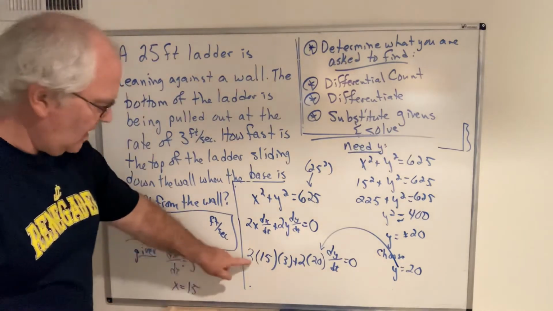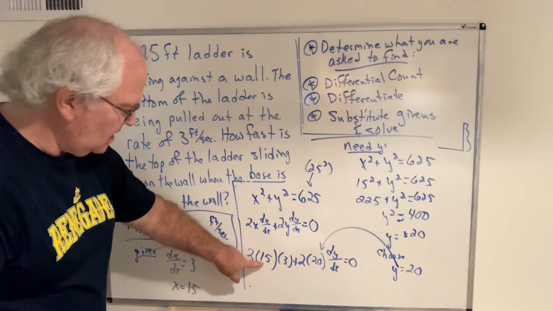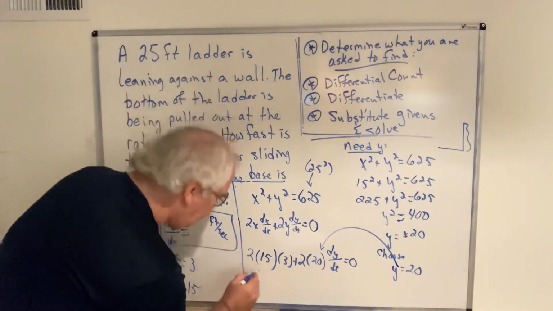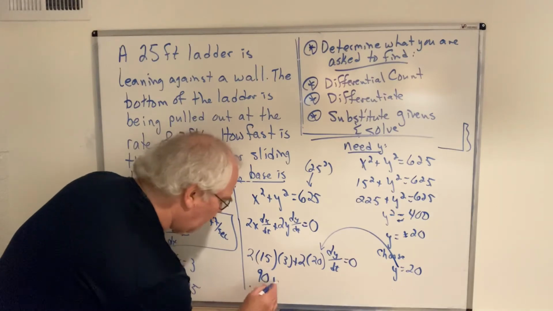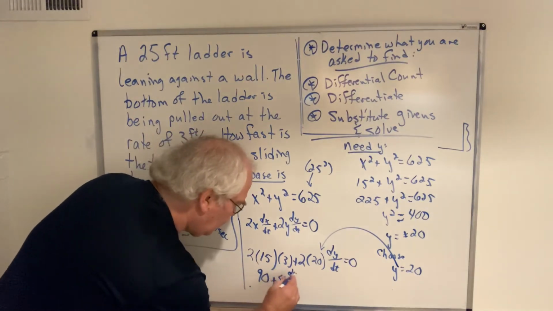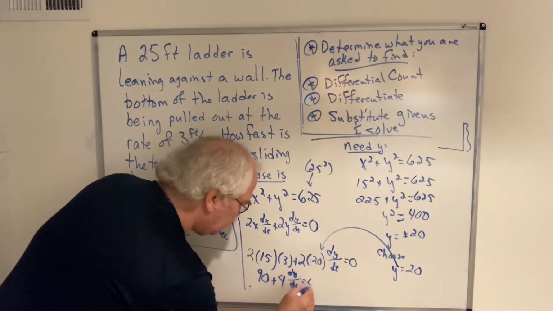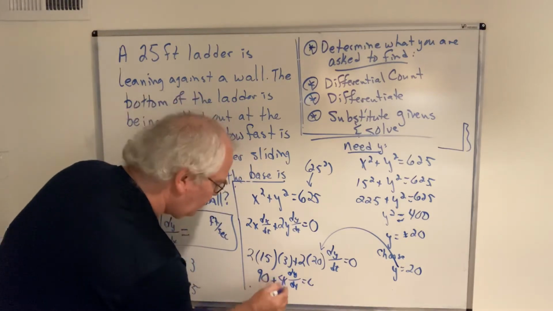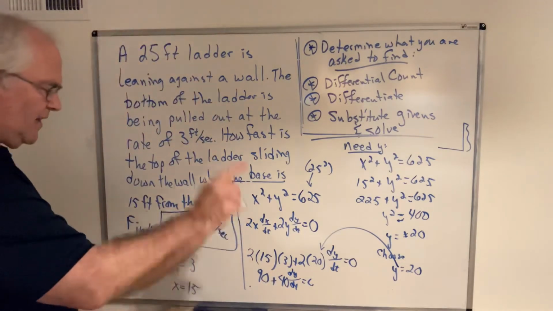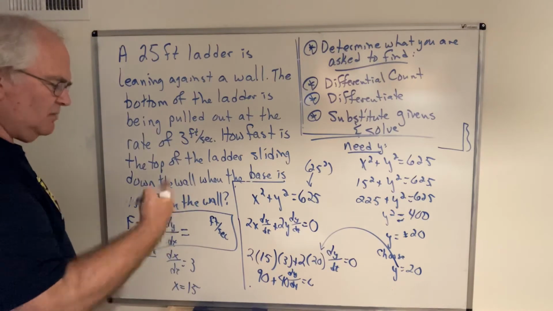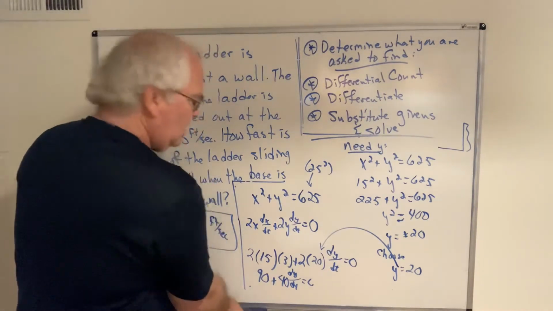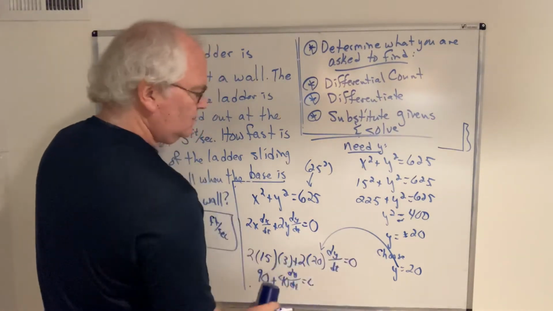So I have 2 times 15 is 30, times 3 is 90, plus 40 dy/dt is equal to 0. Then subtract the 90, divide by the 40. I'm going to get rid of my work over here.